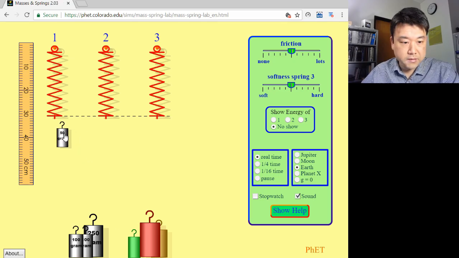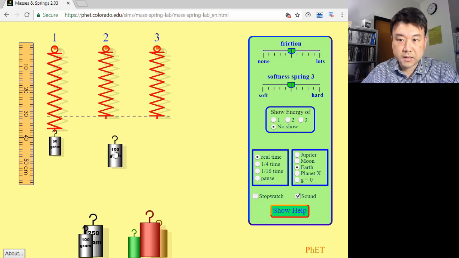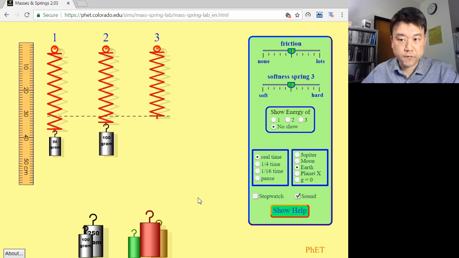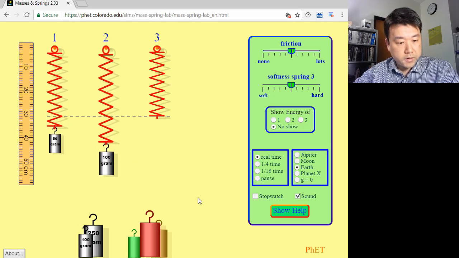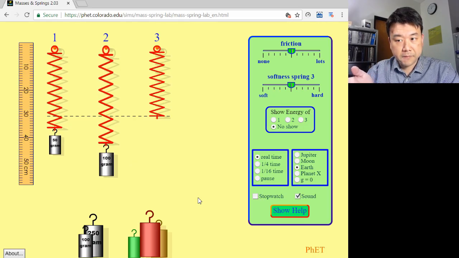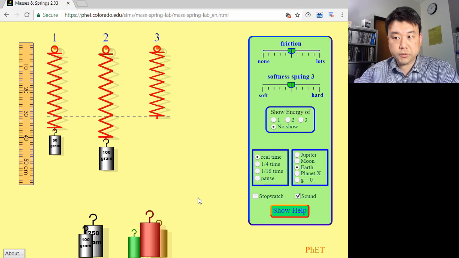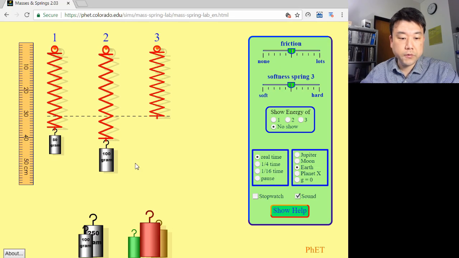When you hang masses on them, you see an illustration of Hooke's law. Where the masses come to a stop are equilibrium positions. This is where the net force on the mass is 0. The downward force of gravity is exactly balanced out by the upward force of the spring.